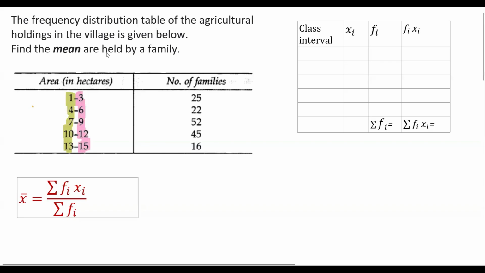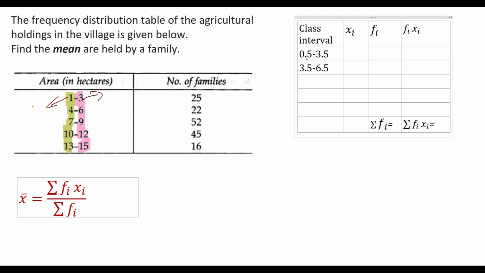Let's figure it out. 1 minus 0.5 is 0.5, and adding 0.5 to 3 gives 3.5. Next is 3.5, because 4 minus 0.5 is 3.5, and adding 0.5 to 6 gives 6.5. Keep doing it like this.